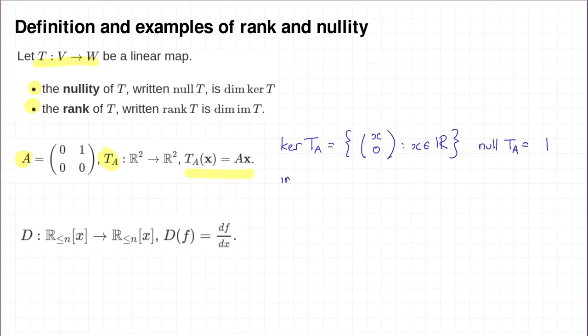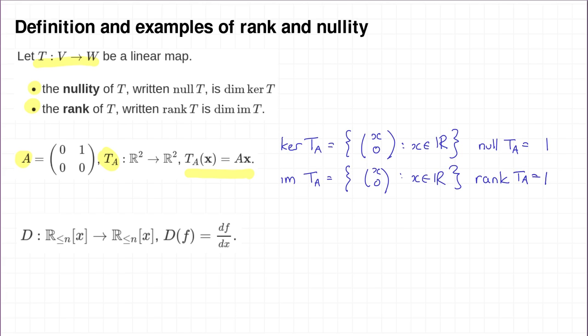And the image in this case was actually the same as the kernel. So again, it has dimension 1, and the rank of TA is also equal to 1.